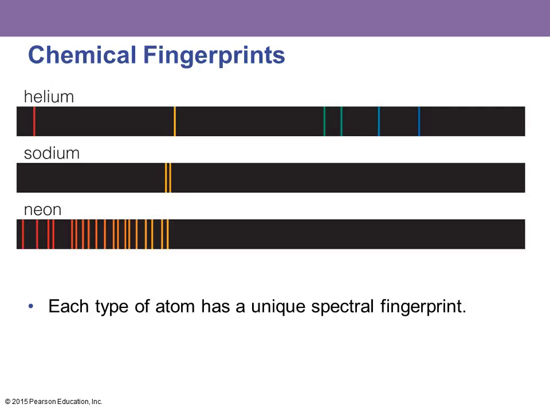So every element has a specific fingerprint, as it's called, and these are three examples: helium, sodium, and neon. Notice that helium has very few bars, very few colors. Sodium has even less, but look at neon.